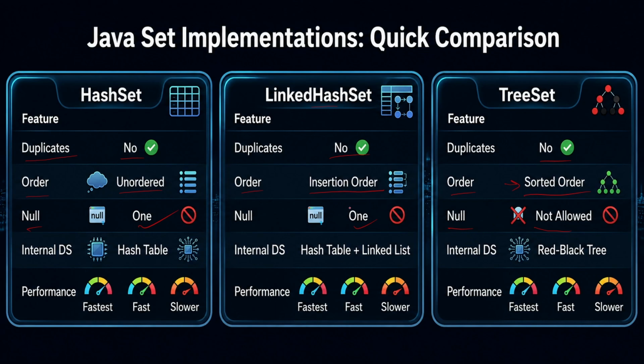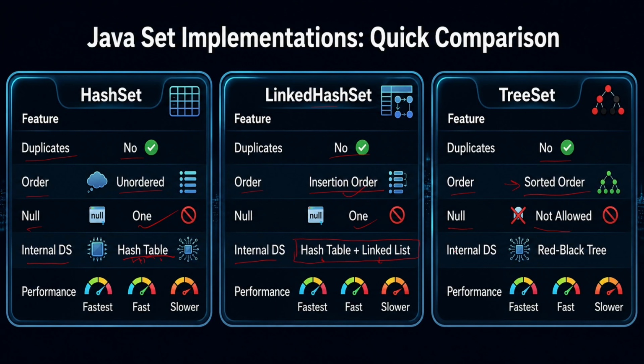And the internal data structure for HashSet is a hash table, which uses a hashing algorithm internally. The internal data structure for LinkedHashSet is a combination of hash table and linked list. The hash table gives the hashing algorithm, so that's why it is faster in performance, plus the linked list maintains the insertion order, plus some memory overhead.